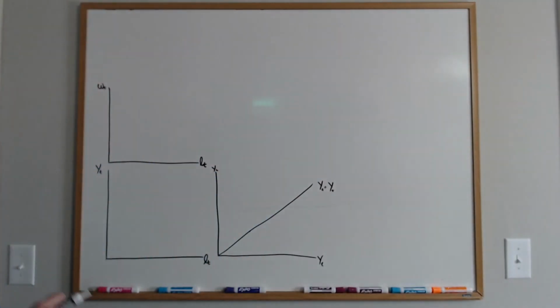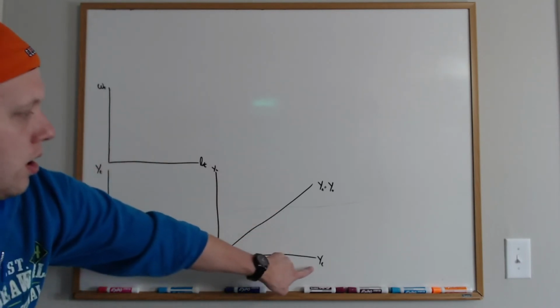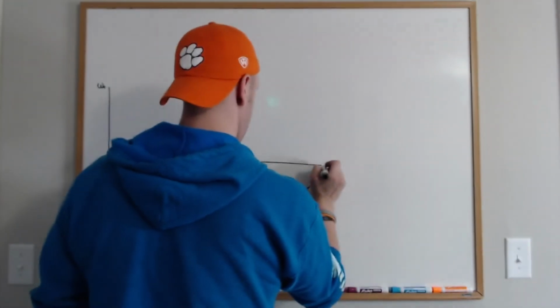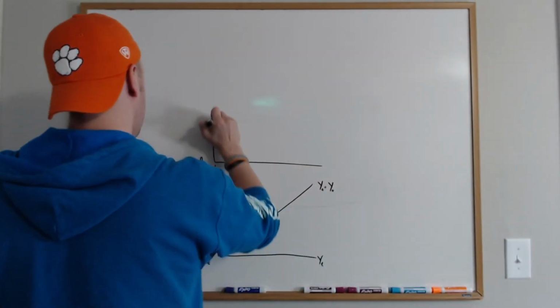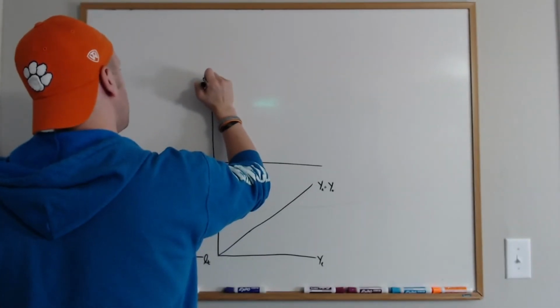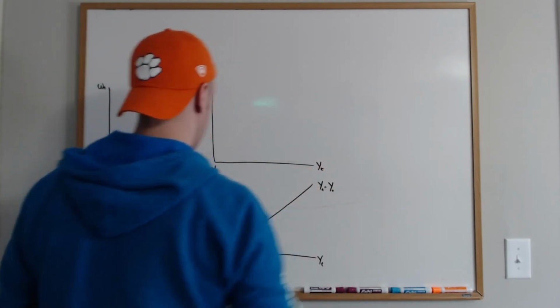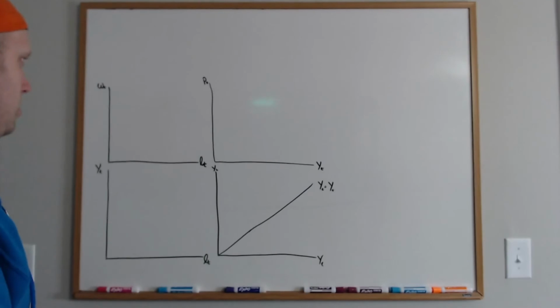Anywhere along that 45-degree line, output equals output. So what it does is it reflects output, rather than being on the vertical axis, it flips it down to the horizontal axis, where we can then have output on the horizontal and price on the vertical, like this.